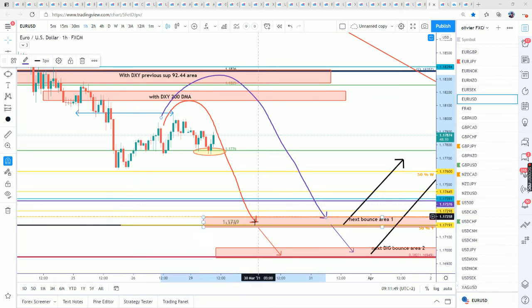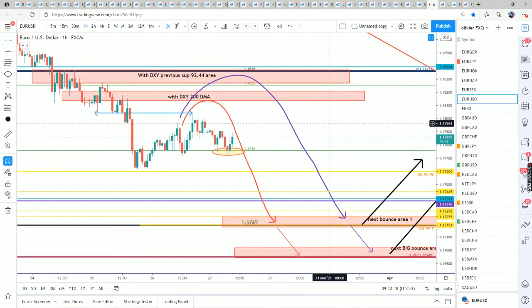But here we will probably bounce again, perhaps on these lows here, perhaps again on this green level that has been acting nicely lately. We see that today we came back on it and bounced from it today, and that's where we have this same kind of double top that we have on the USD CAD, and that we could see too on the DXY. So that's what we look for so far.